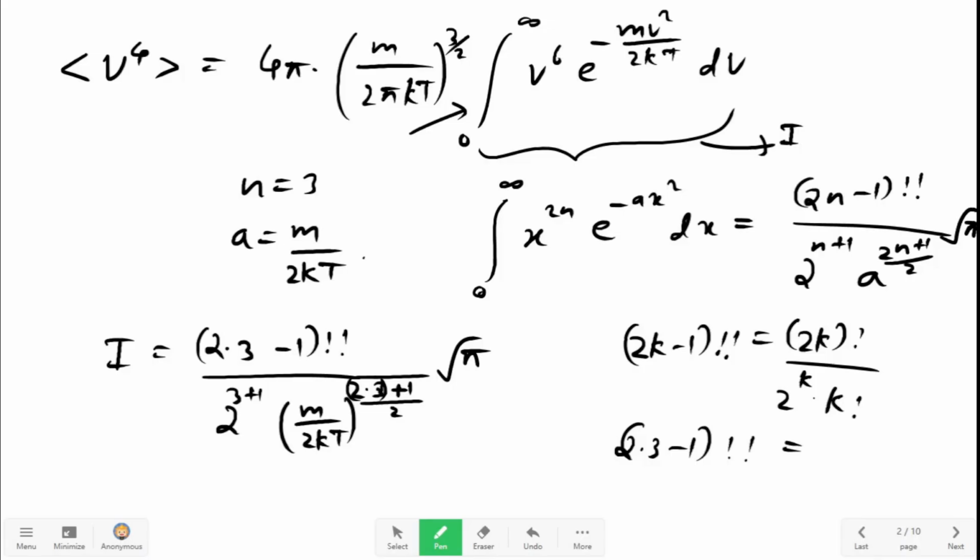This is equal to 6 factorial, 2 into 3 is 6, divided by 2 raised to 3 times 3 factorial. 6 into 5 into 4 is 120, divided by 2 raised to 3, which is 8. Therefore this value is equal to 15.